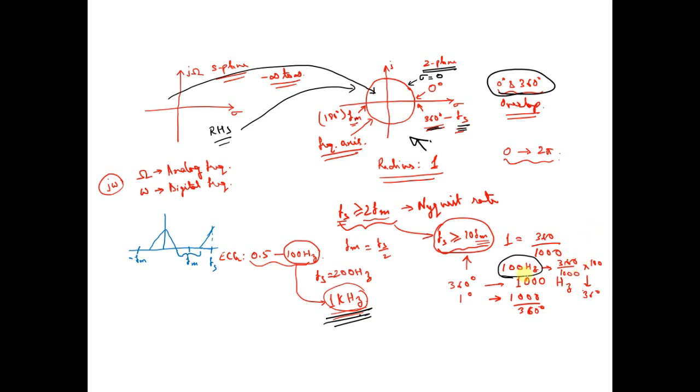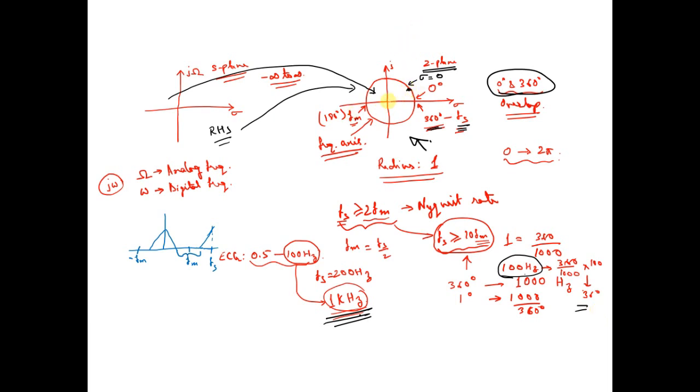So 100 hertz, normal elementary mathematics, 360 by 1000 into 100, 36 degree will be your 100 hertz. So it will be somewhere over here.